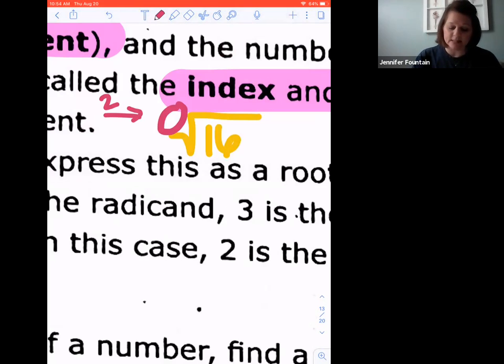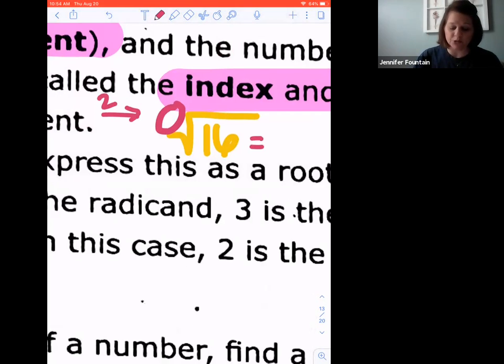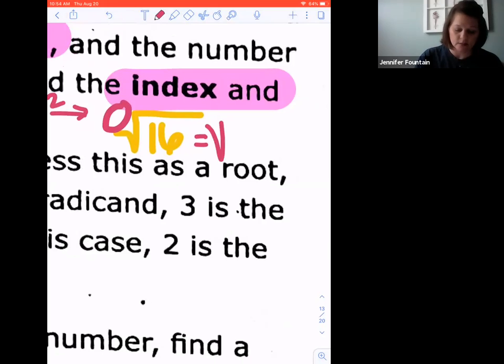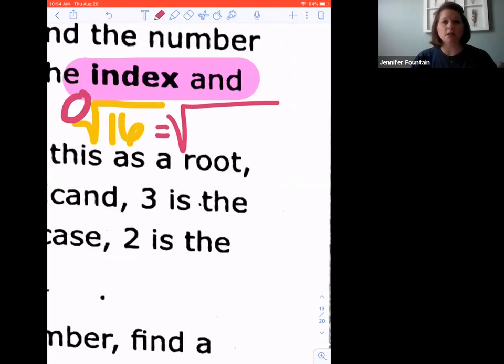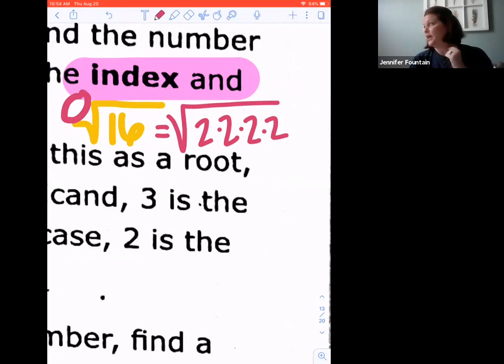So that means that when I list the prime factors of 16, I start with 16 and I say, what is my smallest prime factor? That is 2, and that would be 2 times 8. 8, smallest prime factor is 2, and that's going to be 2 times 4. 4, smallest prime factor is 2, and that's going to be 2 times 2. Again, I can check. 2 times 2 is 4, 4 times 2 is 8, 8 times 2 is 16.